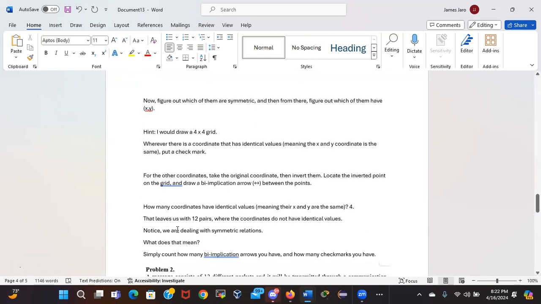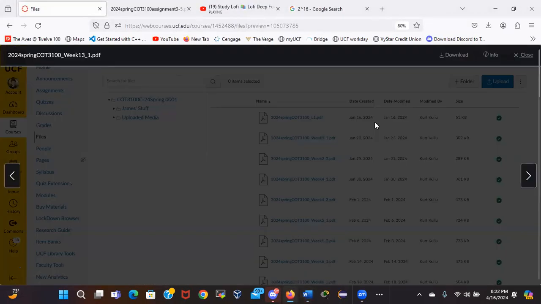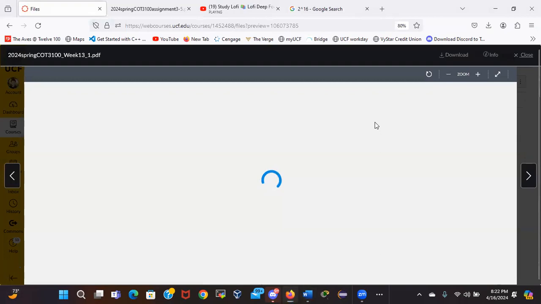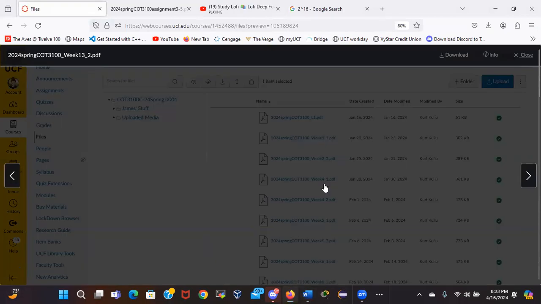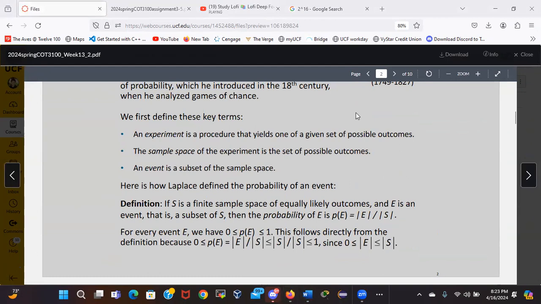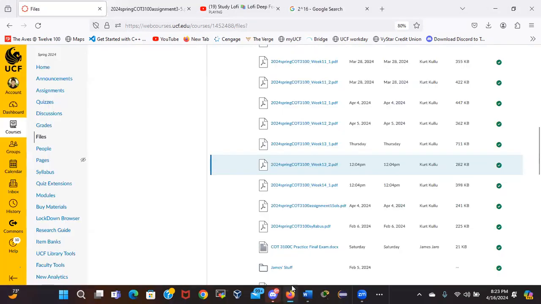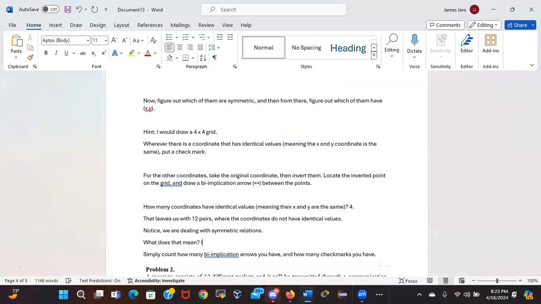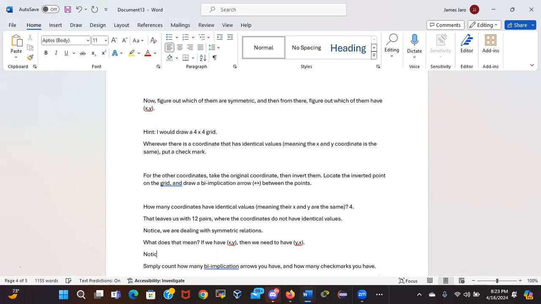What does it mean if I say a symmetrical relation? Yeah. So if we have x, y, then we need to have y, x. Does that make sense?